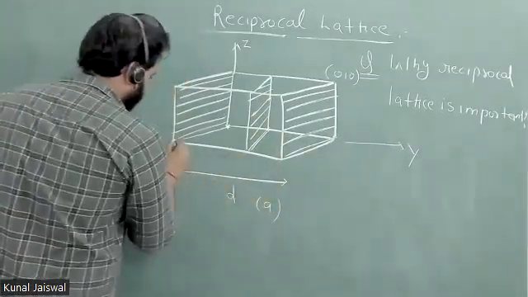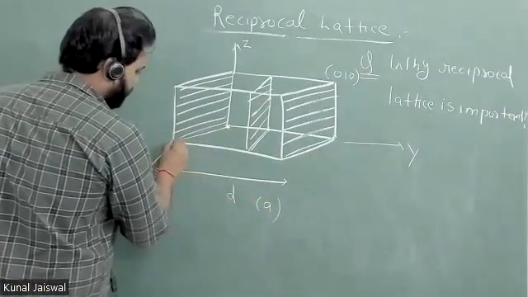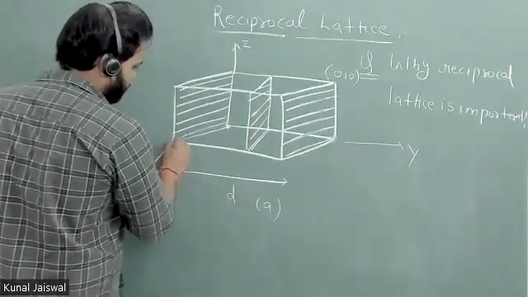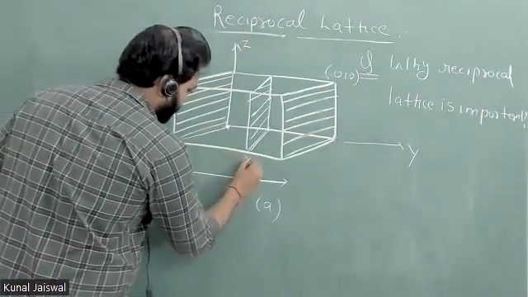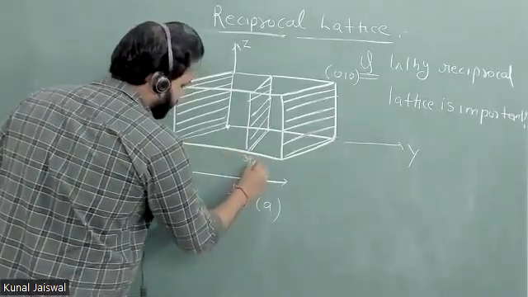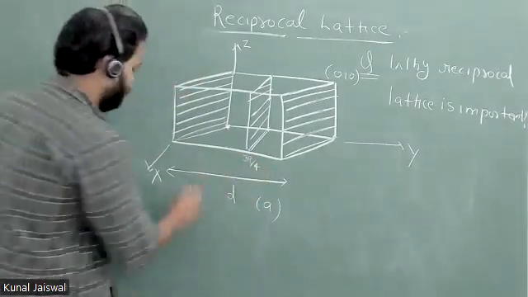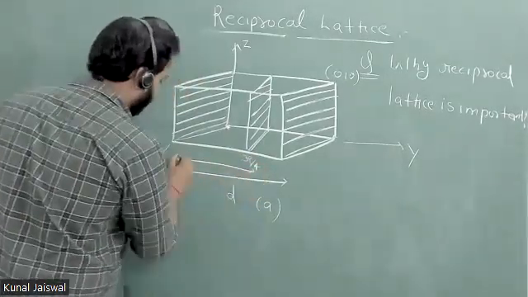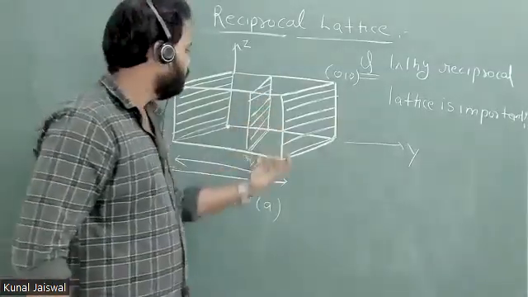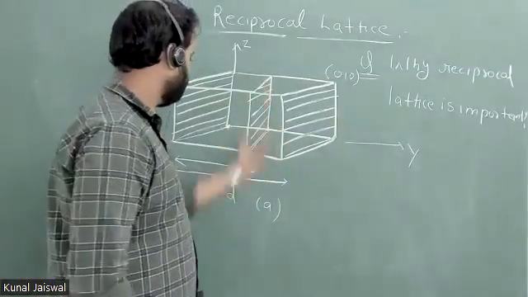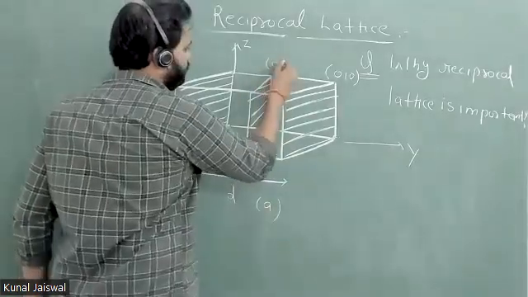Let's suppose the origin is here. From this point, at a distance 3a by 4, I have one more plane. Okay, what will be the indices of this plane? It will be 0, 4, 0.